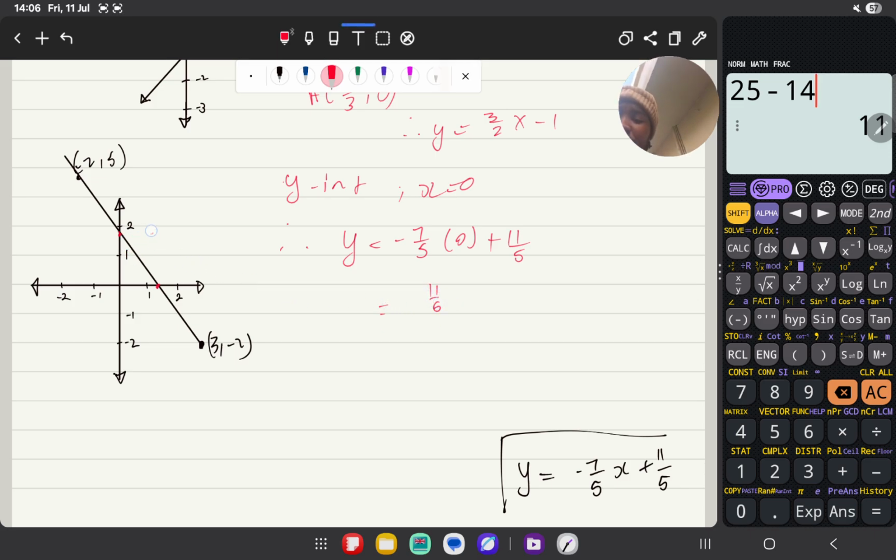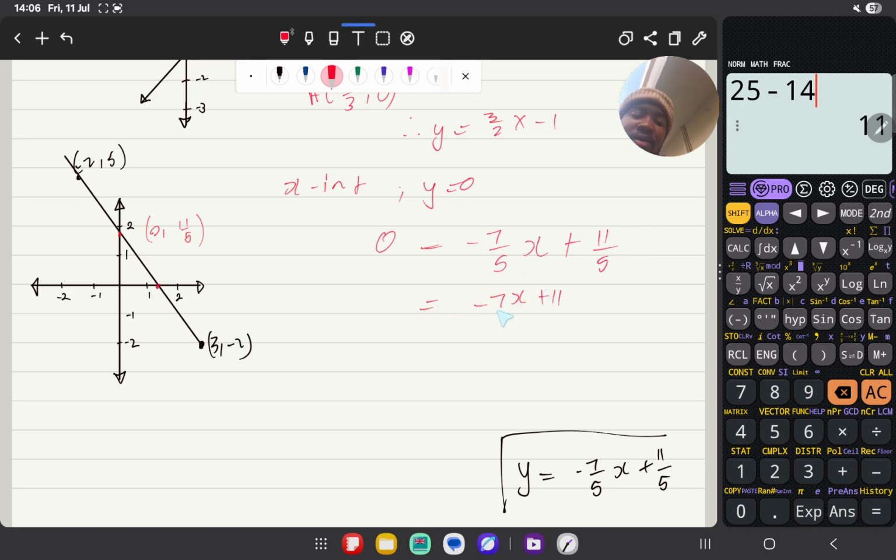And then here you have 0 and 11 over 5. Then you go again, okay, x-intercept, y equals 0. So you have 0 equals minus 7 over 5 x plus 11 over 5. Let's say we have minus 7x plus 11 over 5 equals 0.